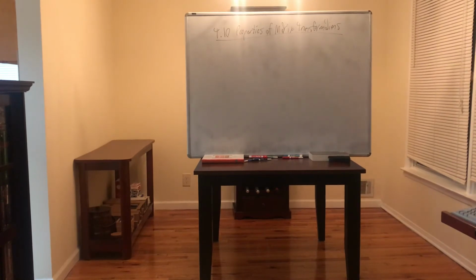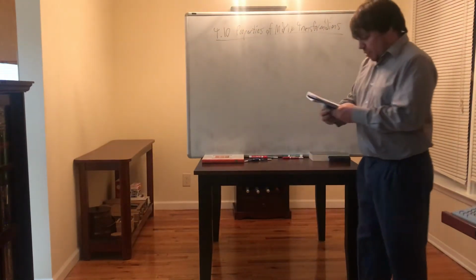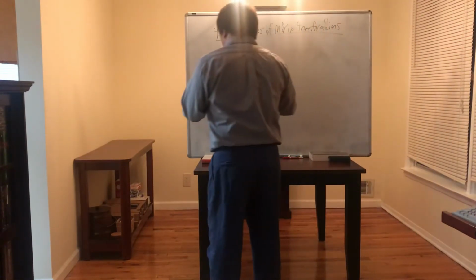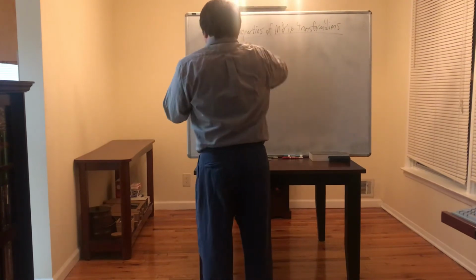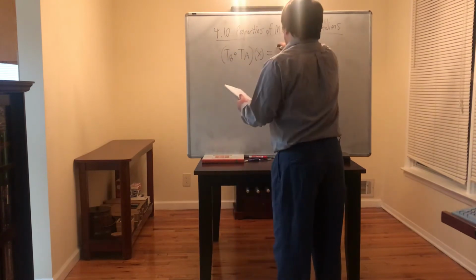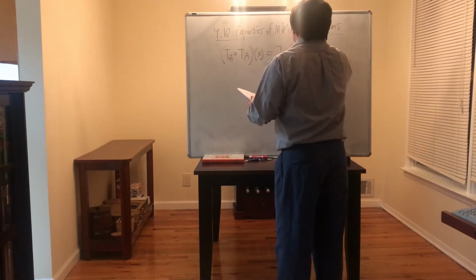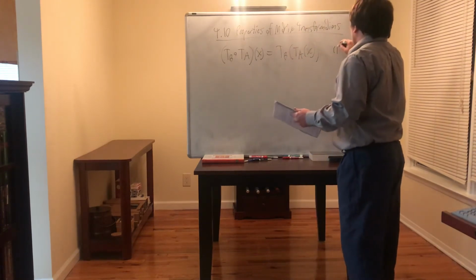Okay, everything's good. Right, everything's good. So let's keep going. Okay, so 4.10 is properties of matrix transformations. So T sub B composed with T sub A of X is equal to T sub B of T sub A of X. And that's 1.